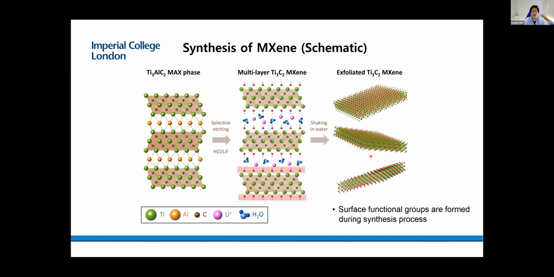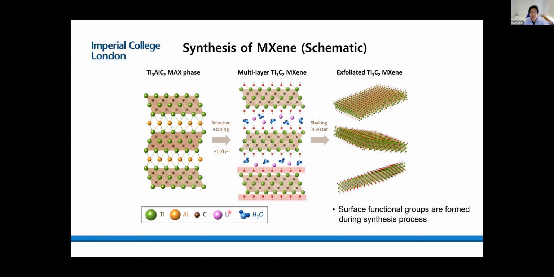So here is a schematic image of the crystal structure. From the MAX phase, we remove the A layer, and while removing the bond between M and A, the surface transition metal wants to saturate its bonds, so it tries to create a surface functional group from the environment. Using this water-based route, the majority of the surface functional groups are oxygen and hydroxyl and some fluorine.